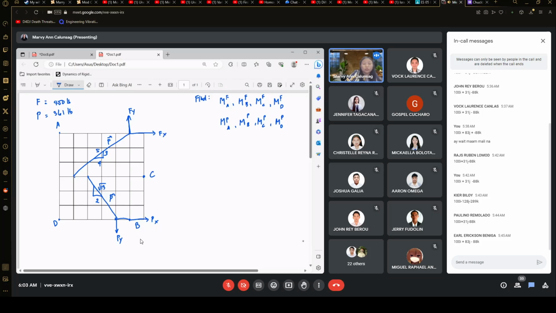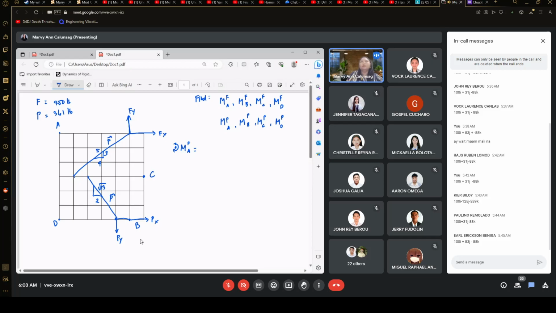Okay, now. So, for example, we have the moment of F about A, by Varignon's theorem. We will assume clockwise rotation as positive. The moment is the tendency to rotate.